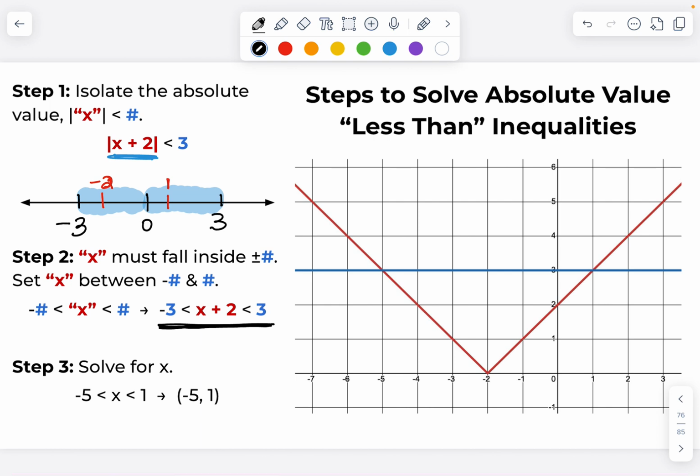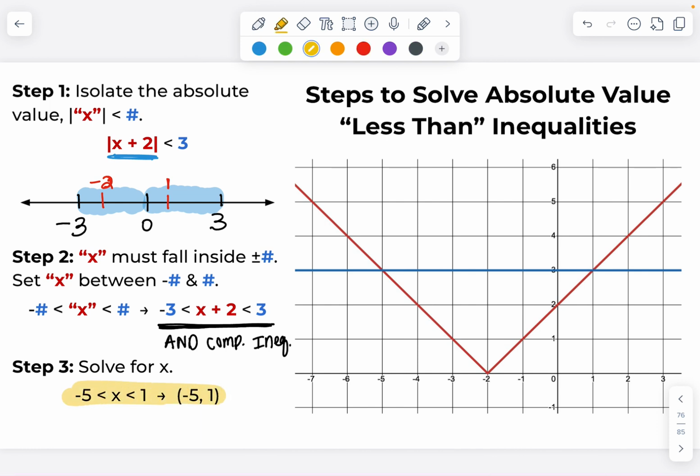When I say between, that means I'm writing an and compound inequality. Because remember, this is saying that x plus 2 is greater than negative 3 and x plus 2 is less than 3. So we're looking for the set of values that make both of those statements true, because we've got to fall between negative 3 and 3. And then from there you can just solve for x, and that gives you your possible x values.